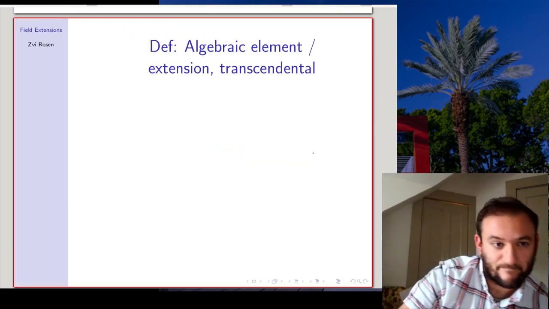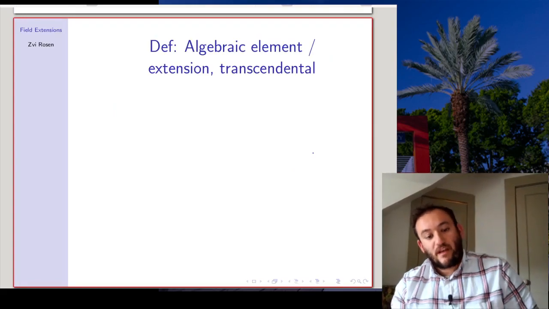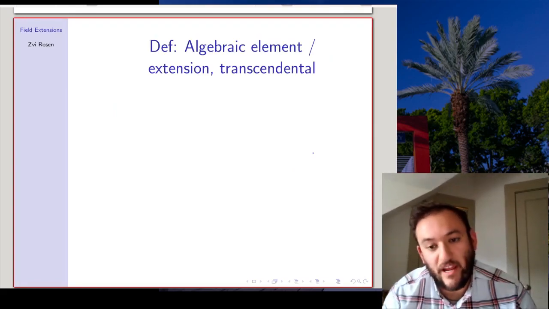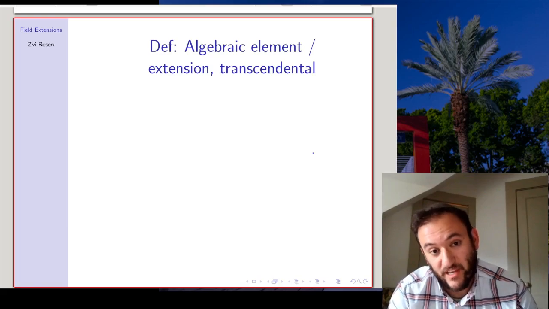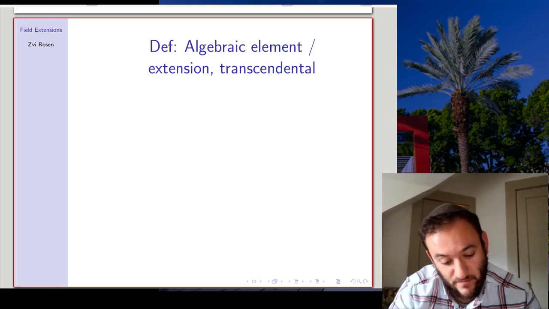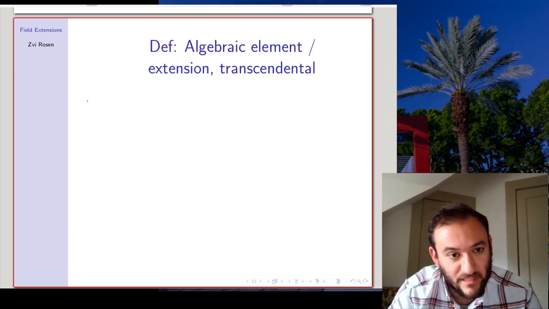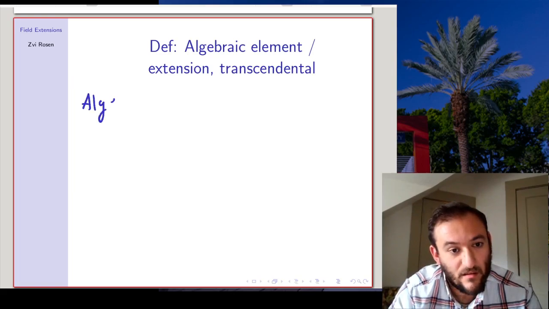Awesome. Okay, now let's define an algebraic element, an algebraic extension, as well as transcendental elements. So an algebraic element, or rather, let's say it this way.